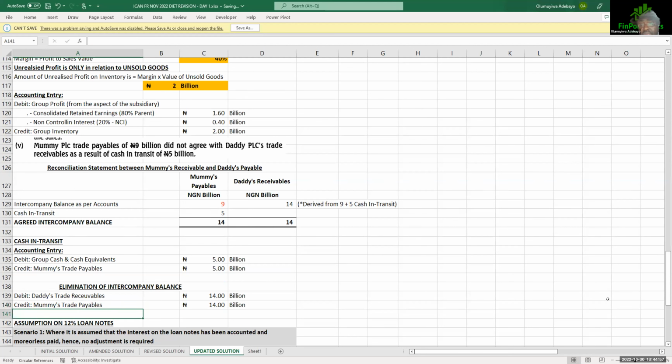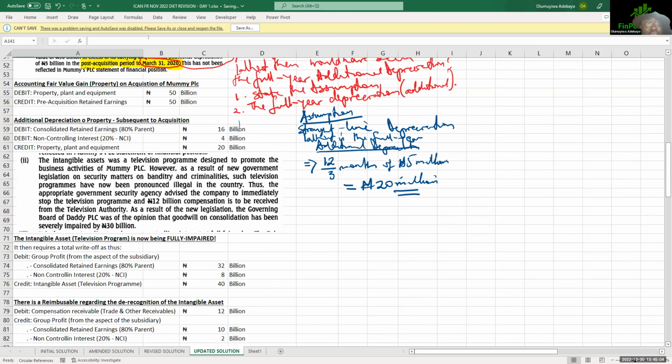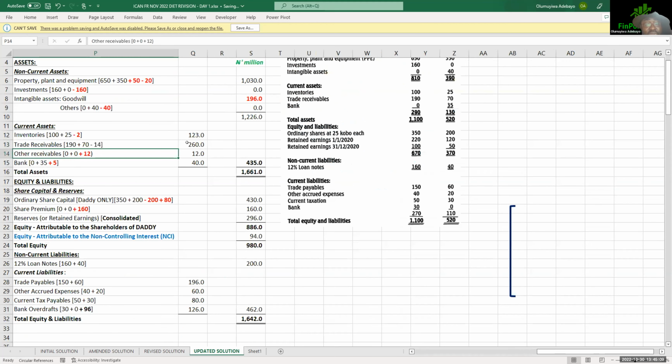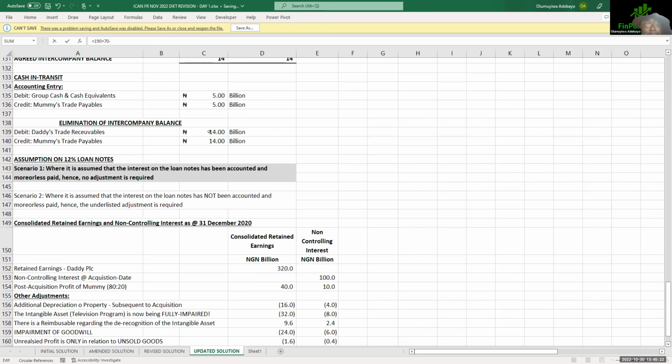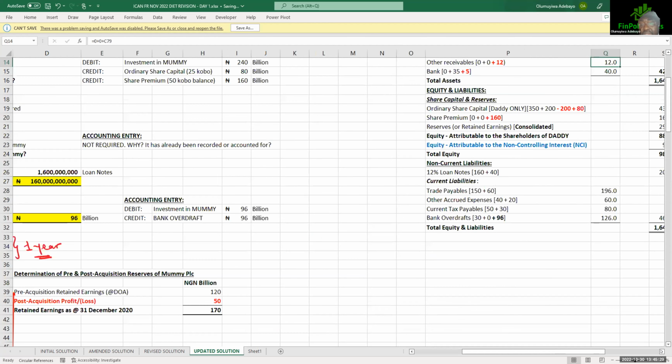Therefore, what do we do? We come to the receivable point, we deduct that 14, which is the parent. And how do I do that here? Let's say minus this 14, so that I can trace it. Now, that gives me that position there.